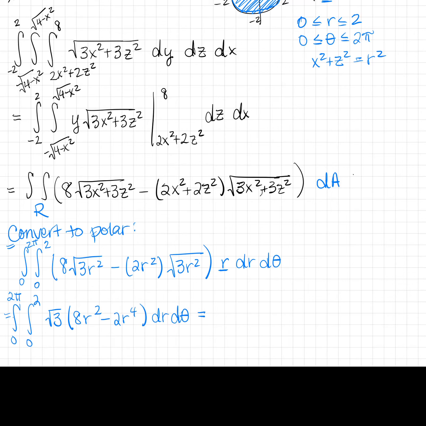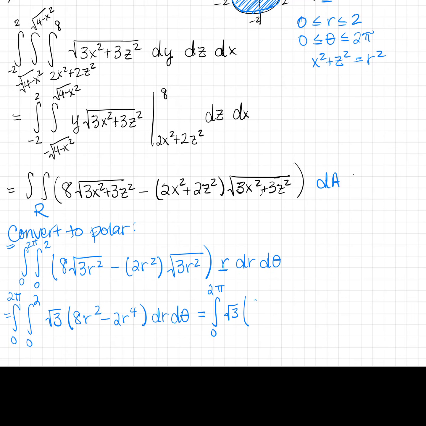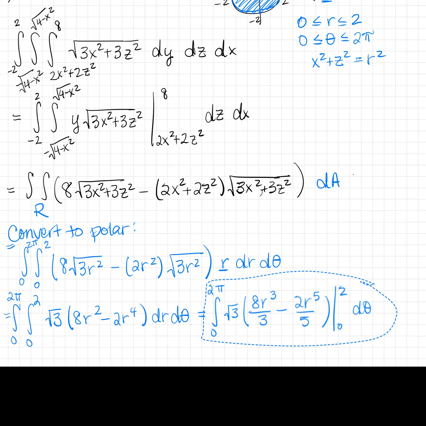And now this isn't so terrible to integrate, right? So I've got the integral from 0 to 2 pi of root 3 times 8r cubed over 3 minus 2r to the 5th over 5, evaluated from 0 to 2, d theta. Let's copy this and move to the next page.